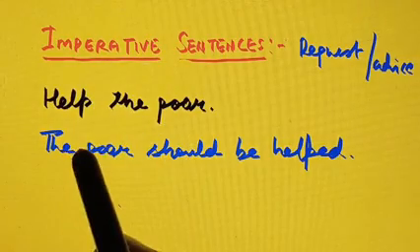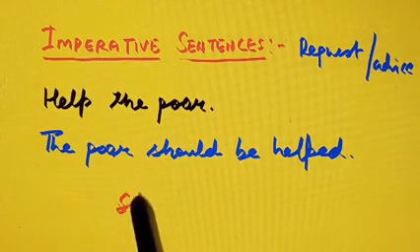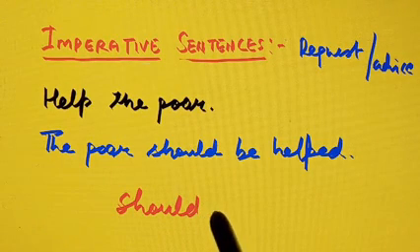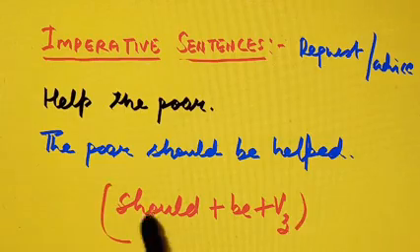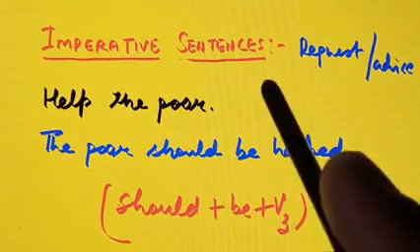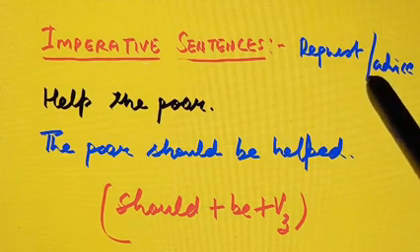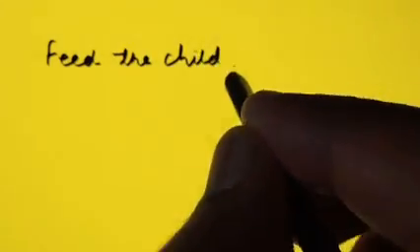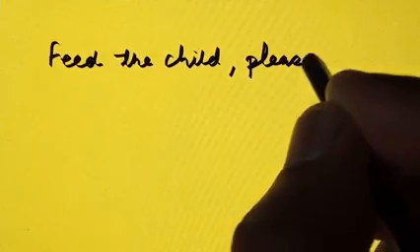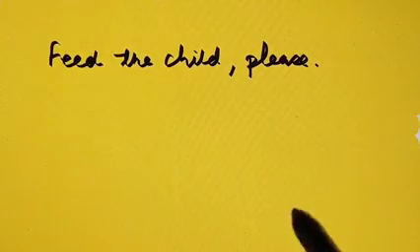So the rule is to place the object in the beginning, then should be plus the third form of the verb. This is the rule for imperative sentences which have request and advice. We will take more sentences, like feed the child, please. Here this is a request only.